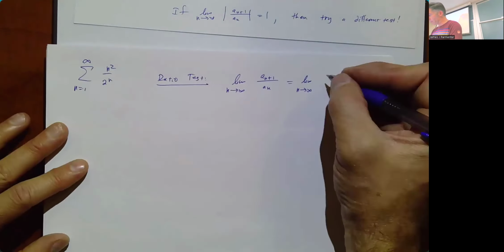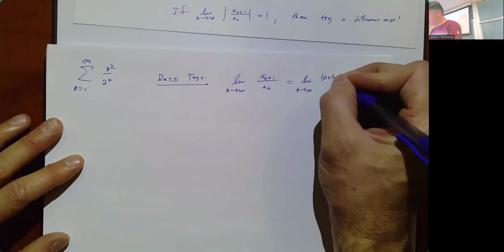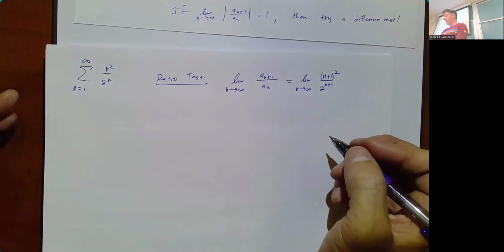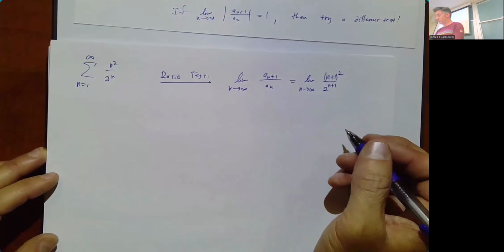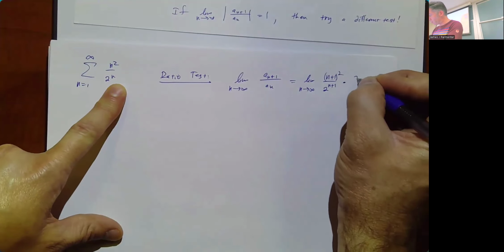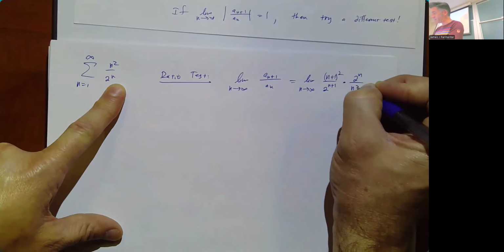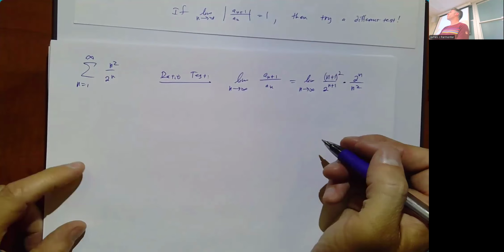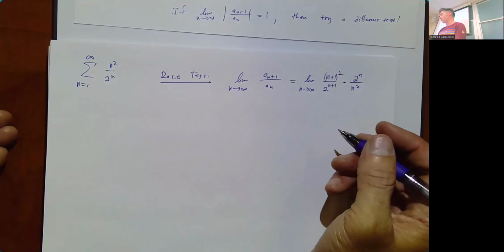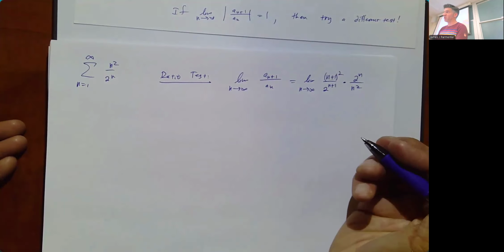The n plus 1 term is (n plus 1) squared over 2 to the n plus 1. Instead of dividing by the nth term, we're going to multiply by its reciprocal, which is 2 to the n over n squared. And you could write absolute values here, but everything is already positive, so it doesn't change anything.